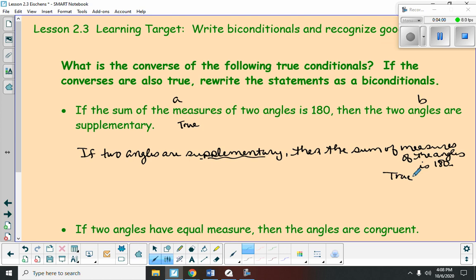So what we're going to do is we're going to take the first statement. We're going to get rid of the if, we're going to get rid of the then, and we're going to put if and only if in the middle.